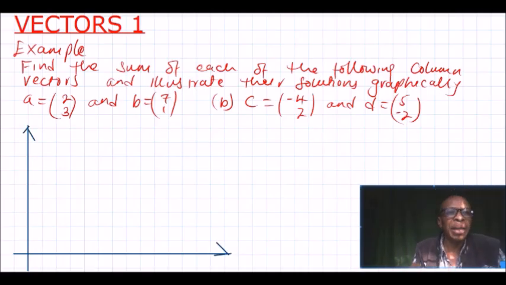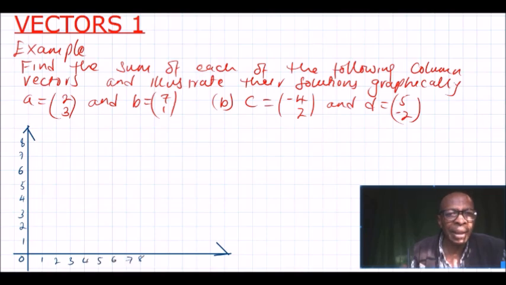We label our Cartesian plane, so we have 1, 2, 3, 4, 5, 6, 7, 8, and 0, 1, 2, 3, 4, 5, 6, 7, 8, 9, 10, like that.